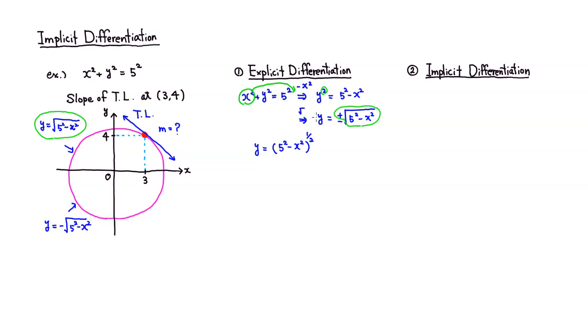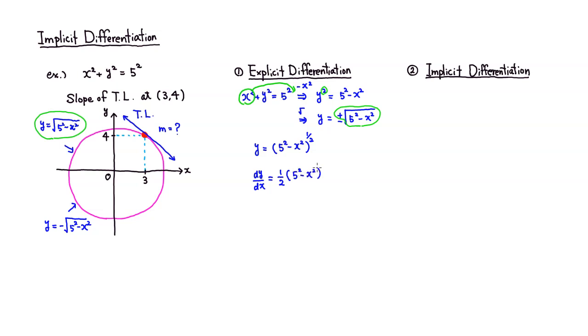Let's take the derivative in the regular way. If you take the derivative, dy over dx, or you can write it as y prime, same thing. We're going to put the 1/2 in front. Then the inside stays the same, 5 squared minus x squared.